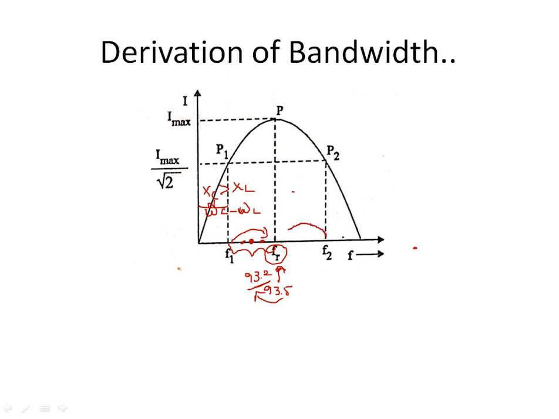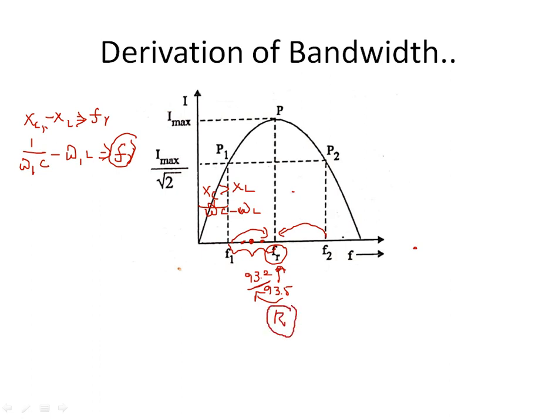Similarly F2 towards FR. That is 1 by omega C minus omega L, that is XC minus XL, should approach the resonant frequency, correct? That is 1 by omega 1 C minus omega 1 L should approach the resonant frequency. The approach means at that resonant frequency, what is the condition of a pure AC circuit?